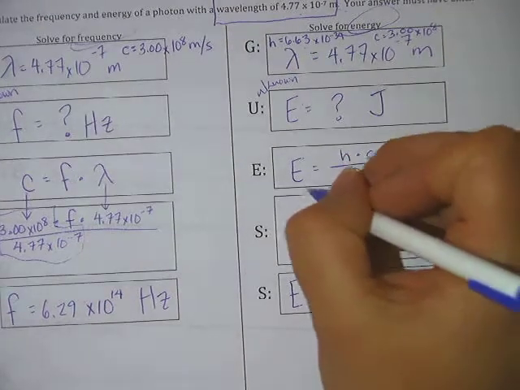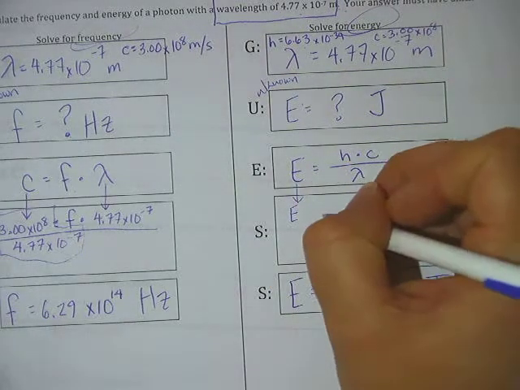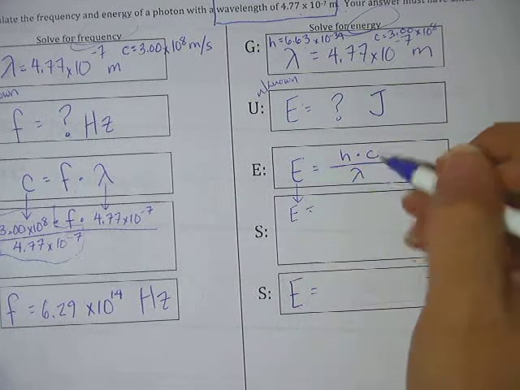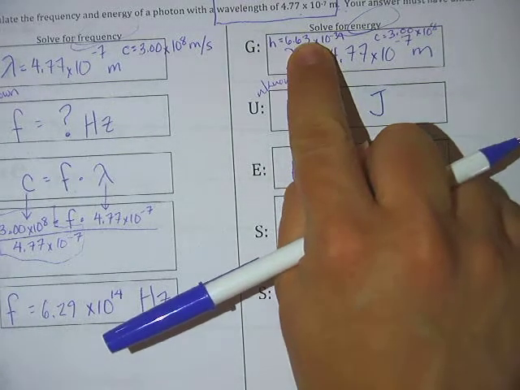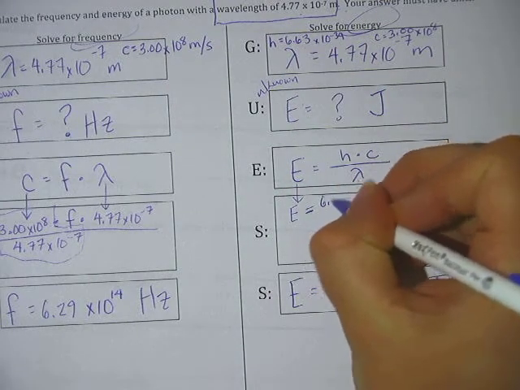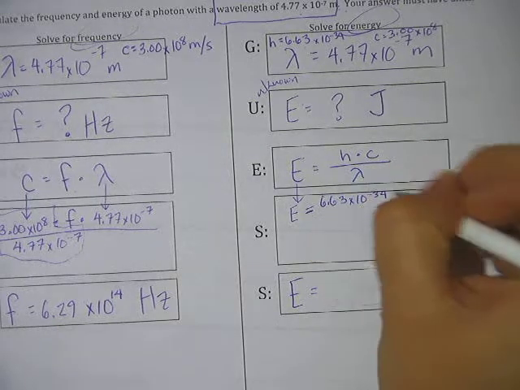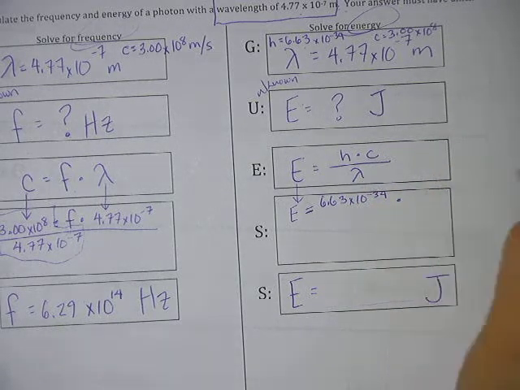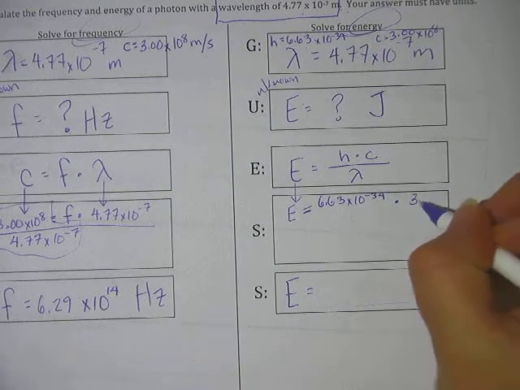So when we come down here, E we don't know, so we can just write an E. You could also write an X if it makes you more comfortable. It equals H, which is a number that will be given to you, 6.63 times 10 to the negative 34, times C, which is a number that will be given to you, 3.00 times 10 to the 8th.